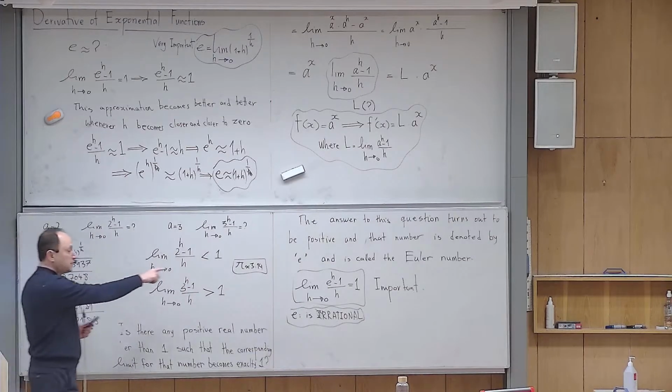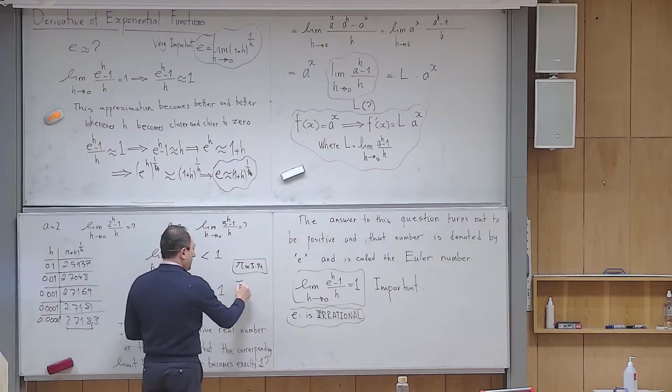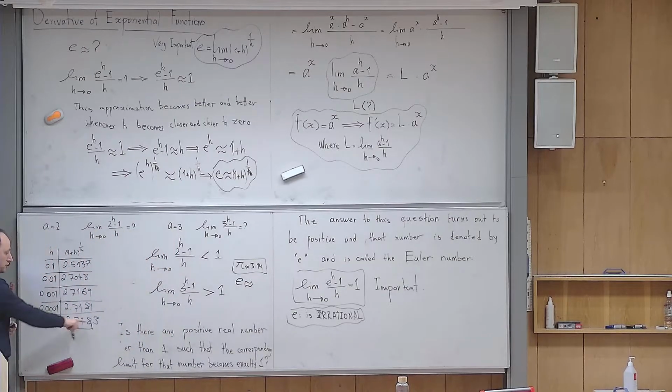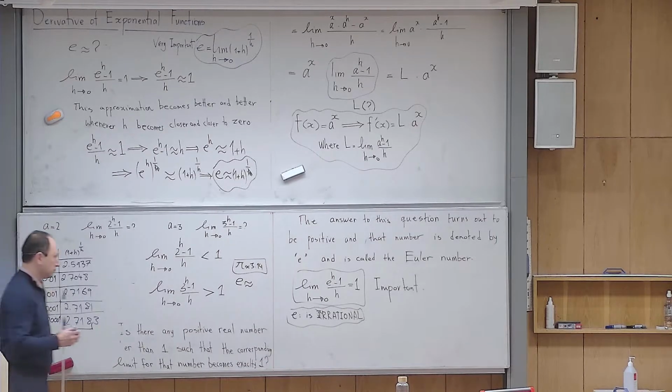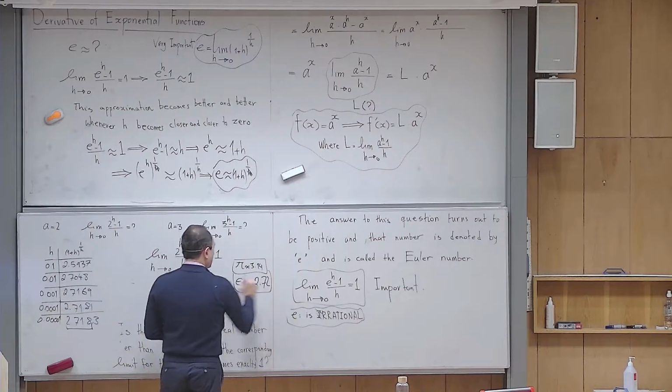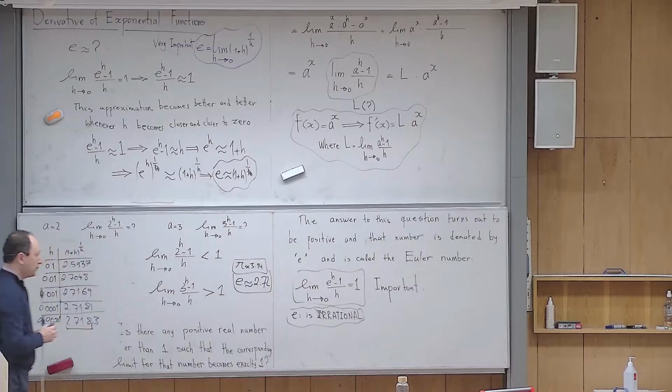People write up to 3 decimal points, which is 2.718, but up to 2 decimal points it is 2.72.